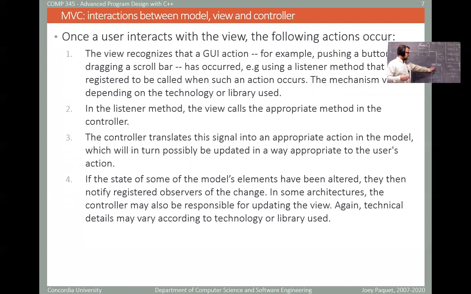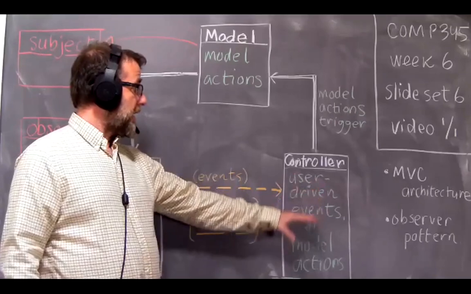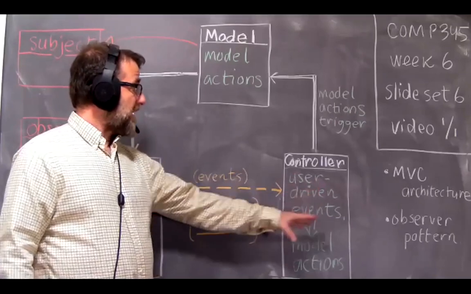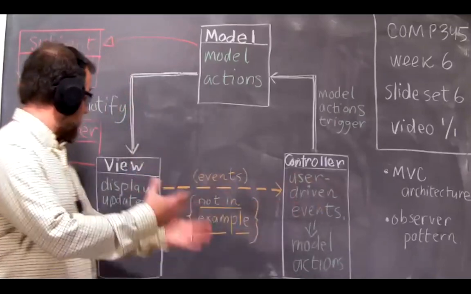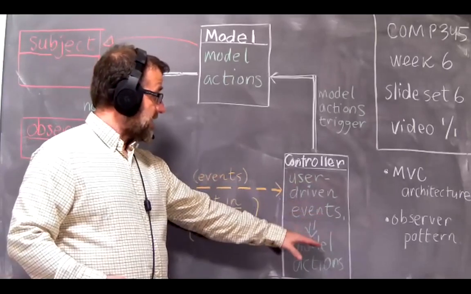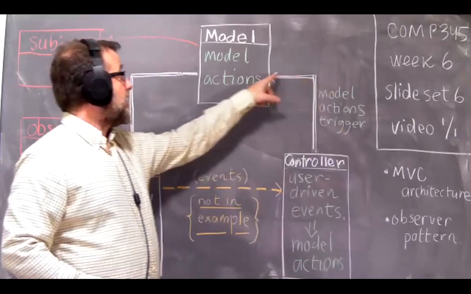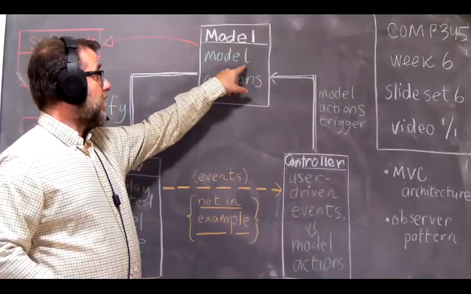So you have the controller, which is actually trapping these events. It's gathering these events from the view and is basically translating these events into a meaning, which is a function call inside of the model object.